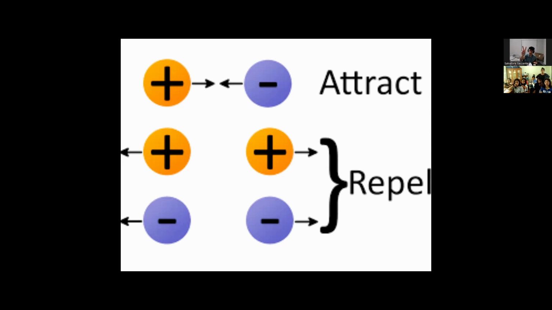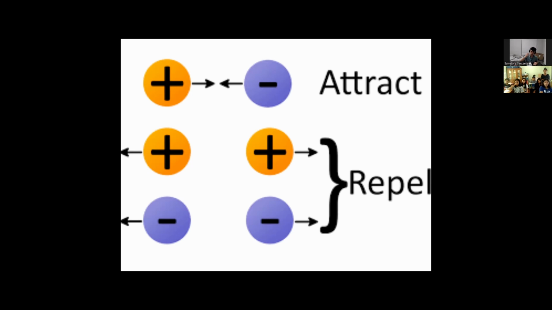Two positively charged particles can never come together; they separate. The same thing is true with two negatively charged particles. If you have two negatives, they have to repel, like the last one at the bottom. If you have a positive and a negative, they attract.